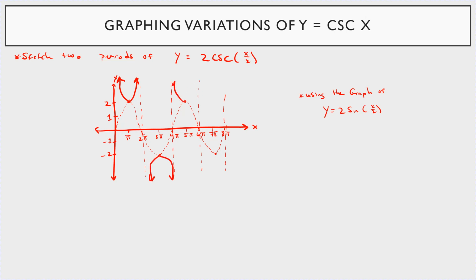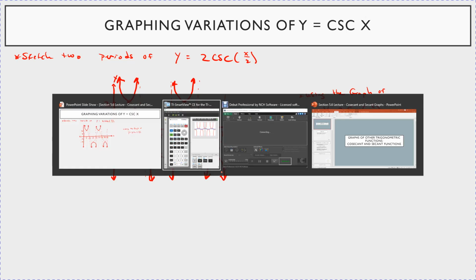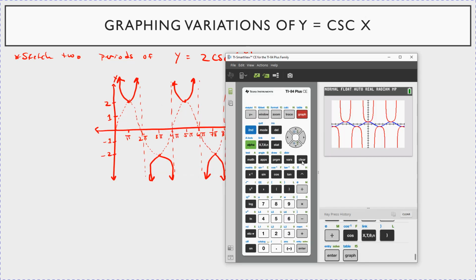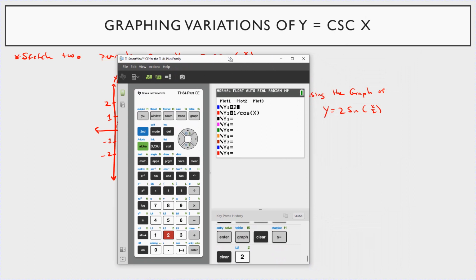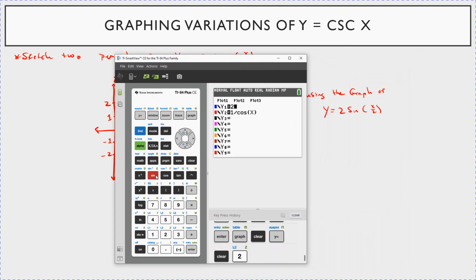And I'm going to show you in the calculator so you can see that indeed this worked. Just like that. Watch, let me grab the graphing calculator again. So this was 2 times sine of x divided by 2.